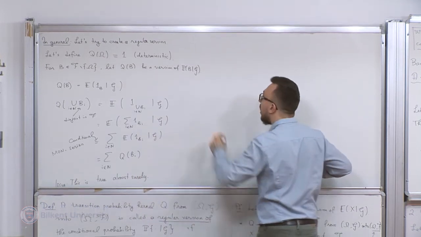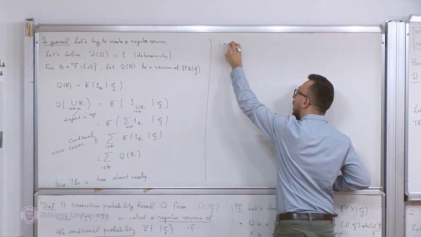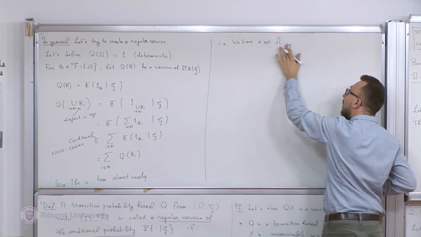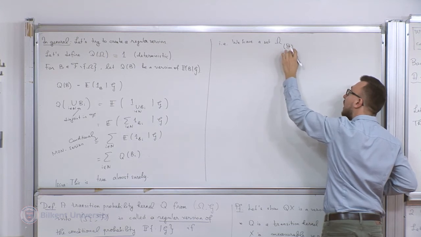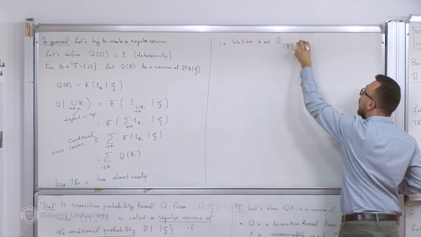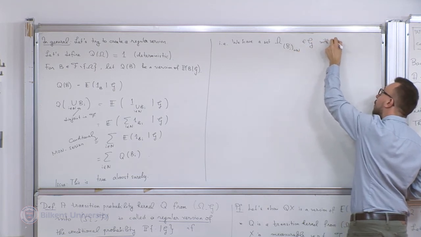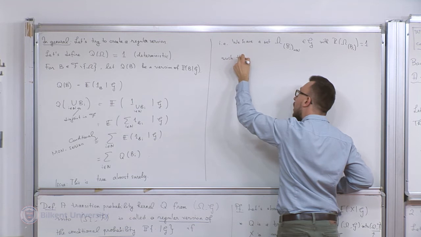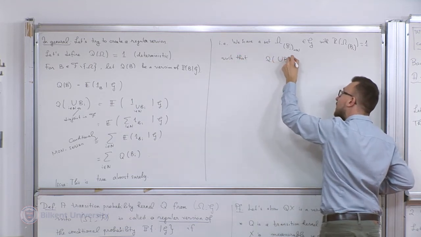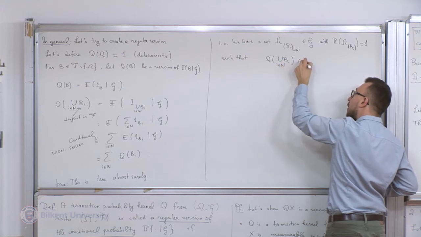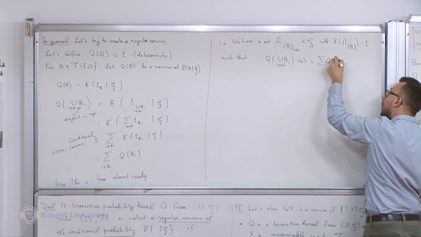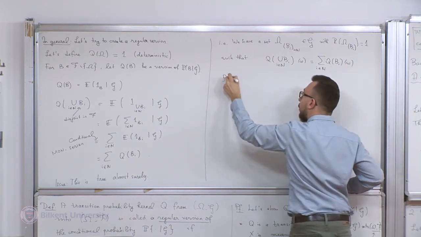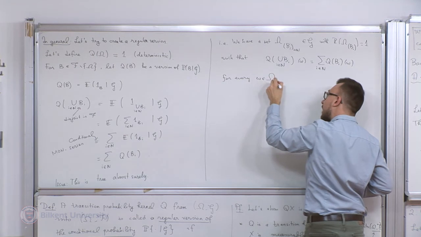In other words, we have a set, I'm going to call it omega of the Bi's, which is in G with probability 1, such that Q of the union of Bi's is equal to the sum of Q of Bi's at omega for every omega in this set.